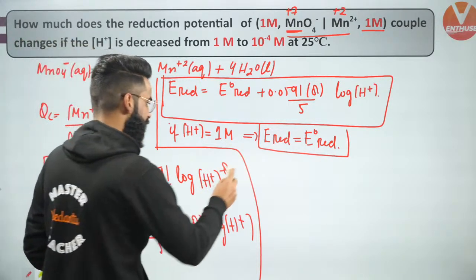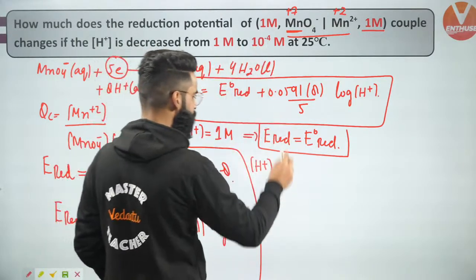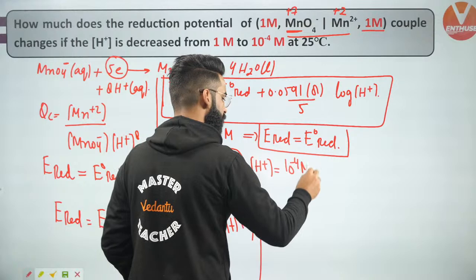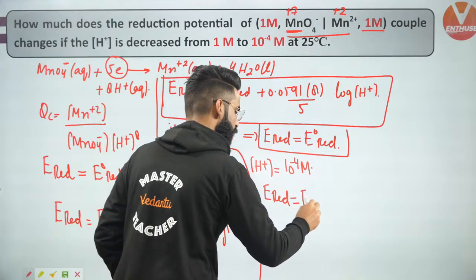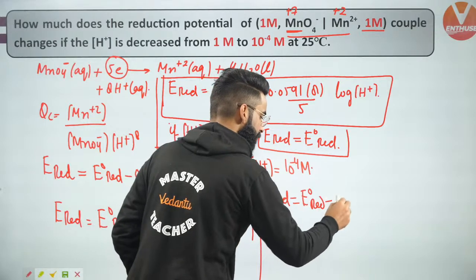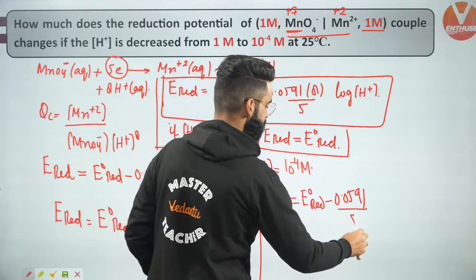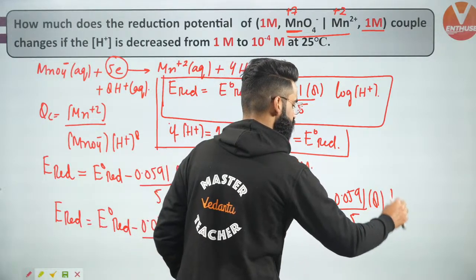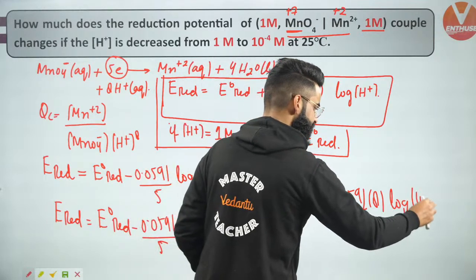Now people, see, if the concentration of H positive is changed from 1 molar to 10 to the power minus 4 molar, what will be the value of reduction potential at that time? I'll say reduction potential will be equal to E naught RED minus 0.0591 divided by N value we already know, that is 5, multiplied by 8. It's going to be log of H positive concentration, which is 10 power minus 4.